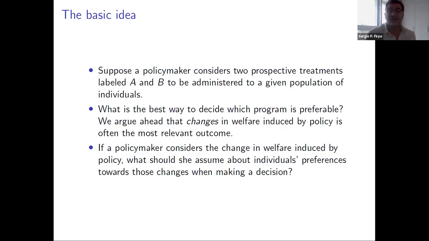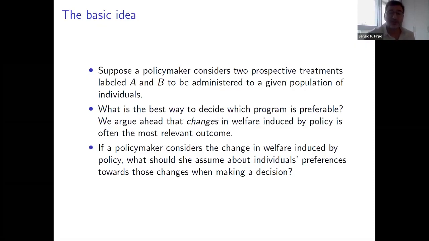So what we argue here is that if you incorporate changes in the outcome that I'm looking at, say income, so if I'm looking at income changes, I would be ranking policies A and B according to a relationship between the distribution of individual treatment effects under A and the distribution of individual treatment effects under B. Okay.